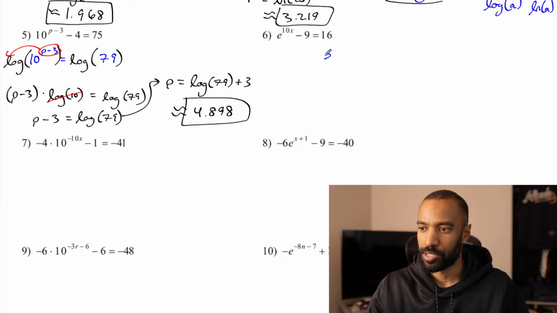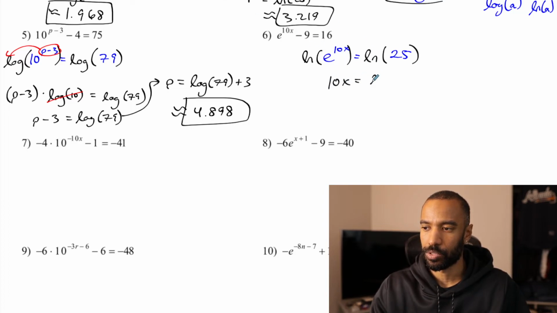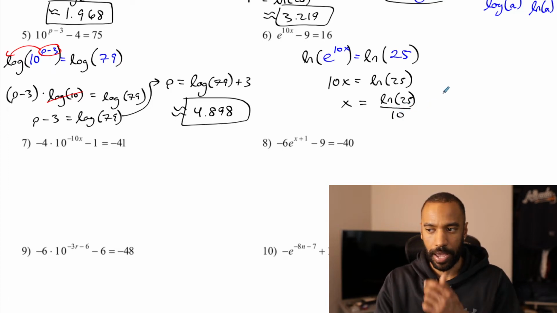Add 9 to both sides, so e to the 10x equals 25. We shall natural log both sides here. Cancels out the e stuff, grounds the 10x. We're left with 10x equals natural log of 25. Divide both sides by 10 before you evaluate these things, please. First get the exact answer, and then we go ahead and use the calculator.